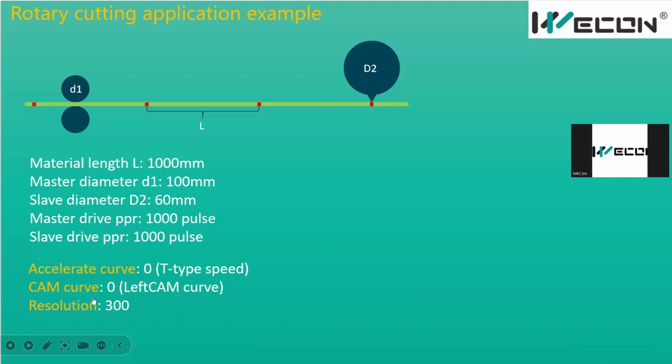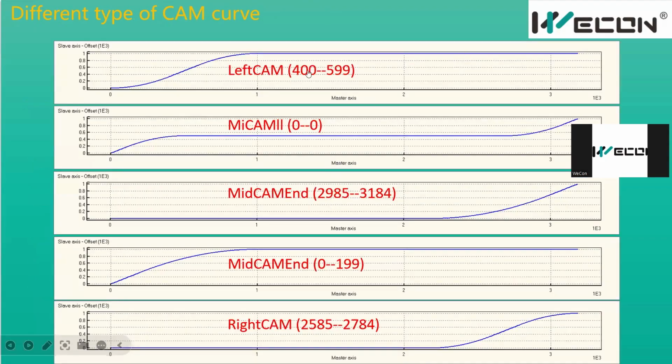But I will show you the difference with different cam curves. In my program, I set it as 0, but I have already tested all the cam curves, and I get these curves of the different cam curves.